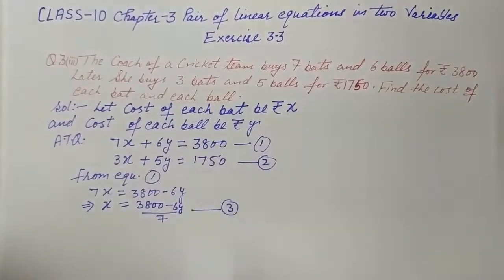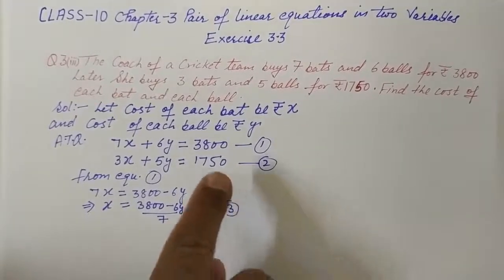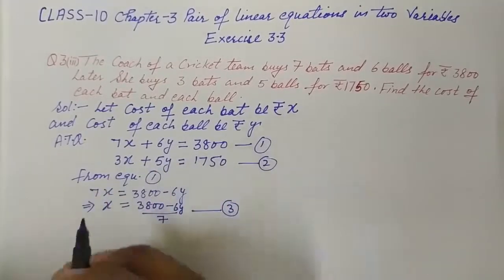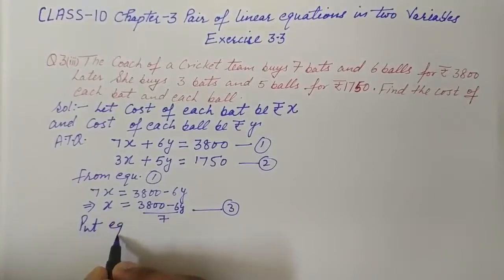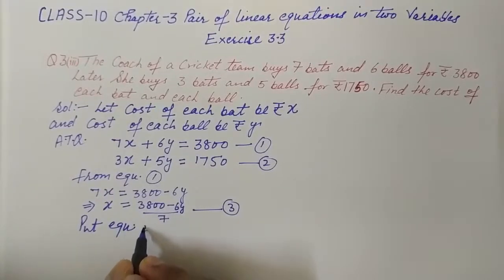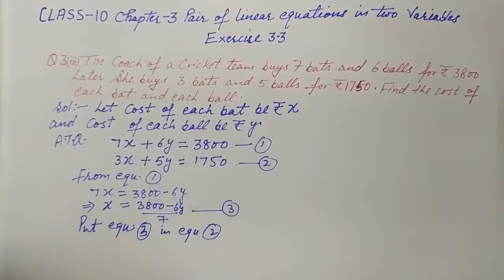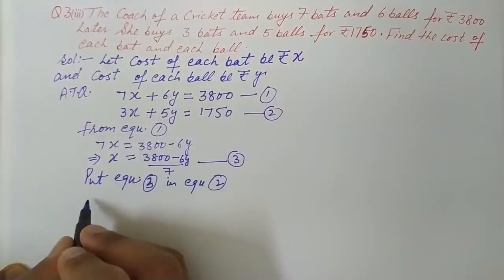Now what we do, we'll fill this equation 3 in equation 2. So the value of x, this we will fill in equation number 2. So we'll write, put equation 3 in equation 2. So let's see. It becomes here 3x.